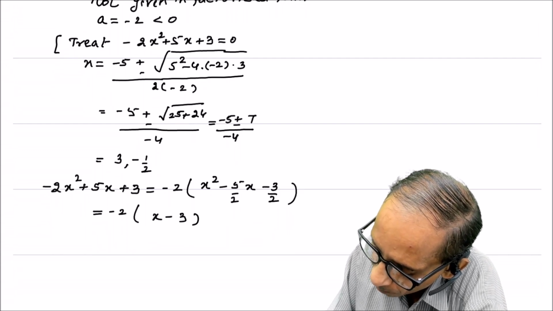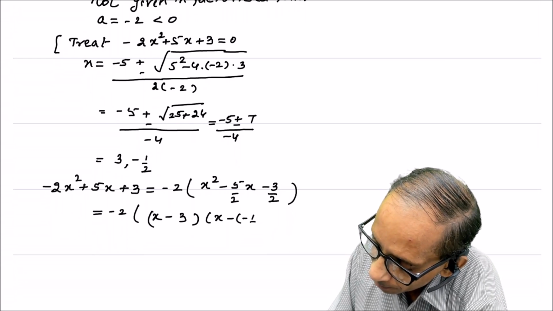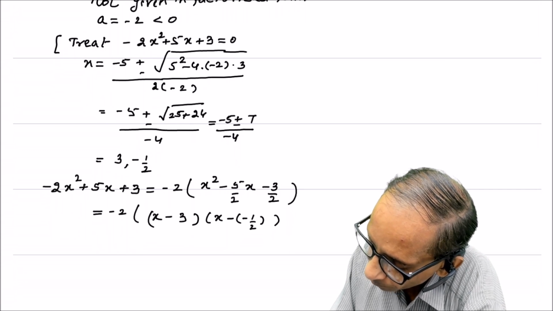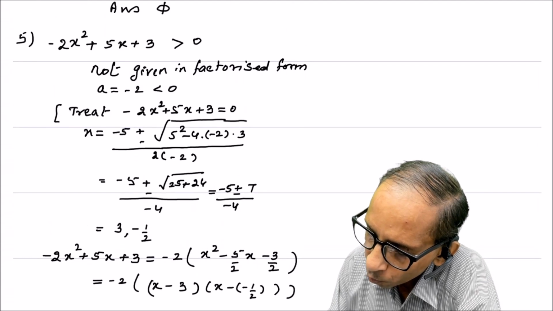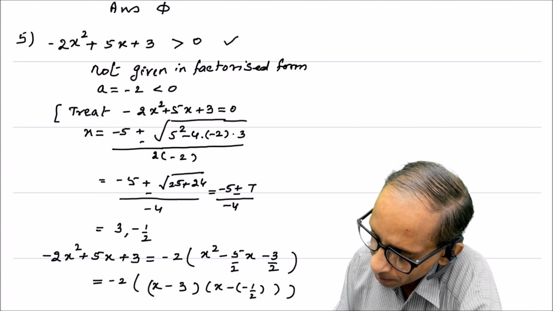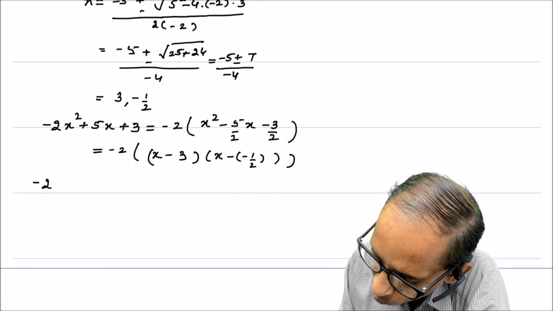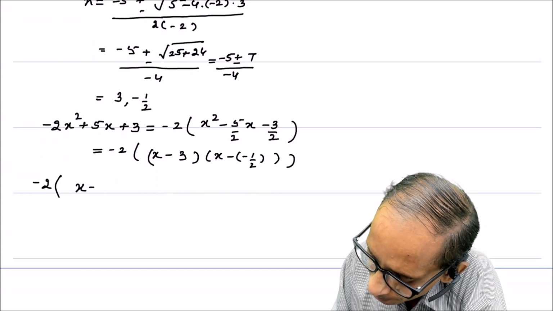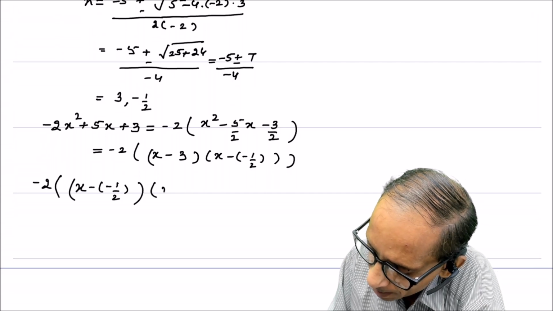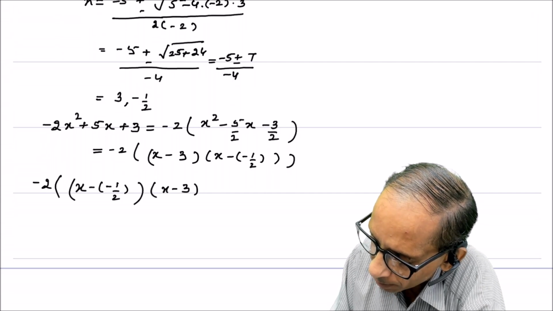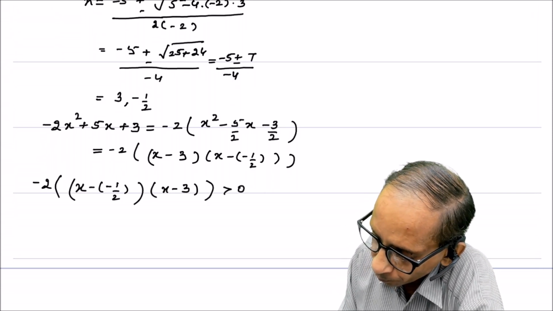It is x minus the first root into x minus the second root. So when the question is that we have to consider the quadratic greater than 0, it amounts to saying that minus 2 times x minus the smaller number into x minus the larger number is greater than 0.